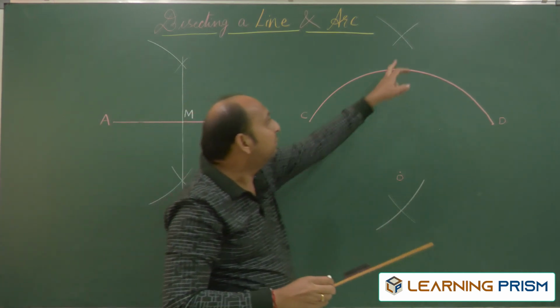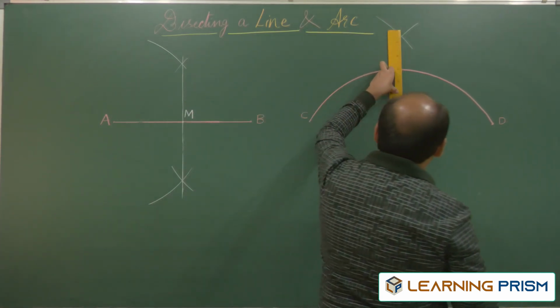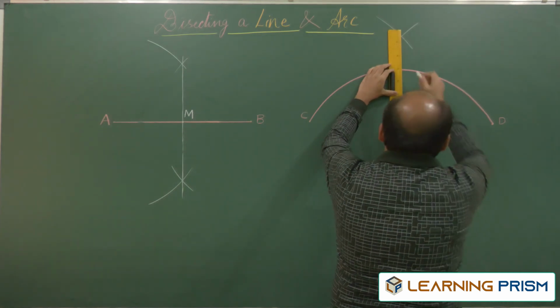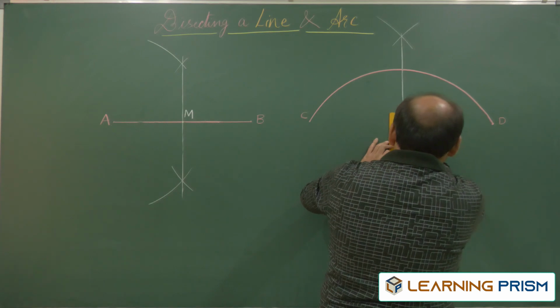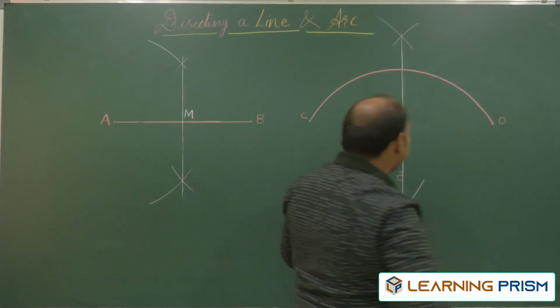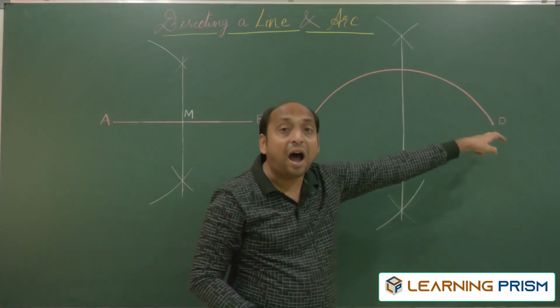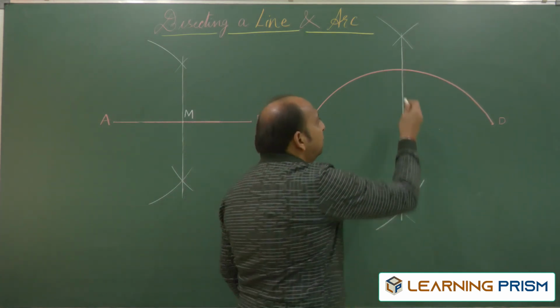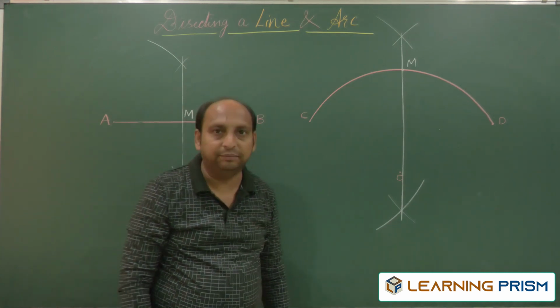Similarly, passing through these two points with the scale, draw a line. So this line is going to bisect the arc CD. So this will be the midpoint of CD. Okay.